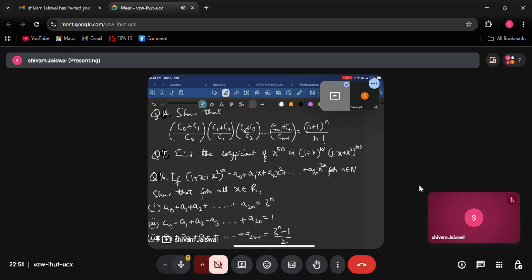Sir, actually, I did 2-3 steps like C0 plus C1 by C0 equal to 1 plus... When you multiply, 1 factorial into 2 factorial into 3 factorial up to n factorial will give us n factorial. Just check. So, check it. Write the proof properly.